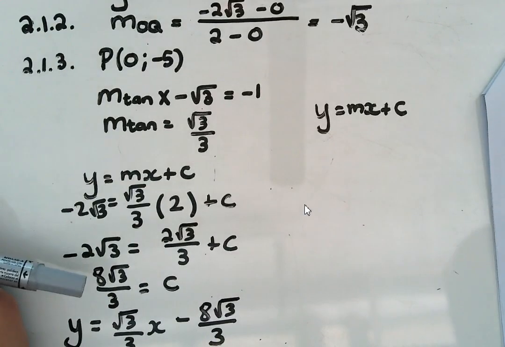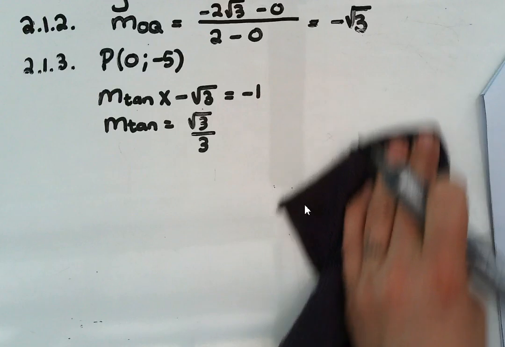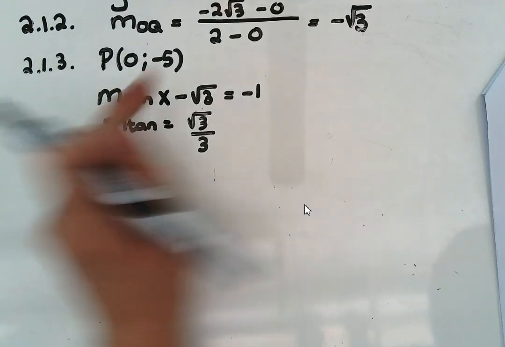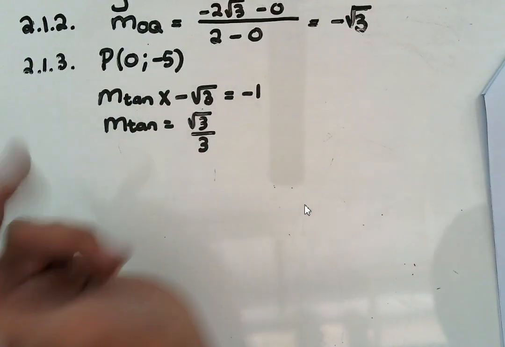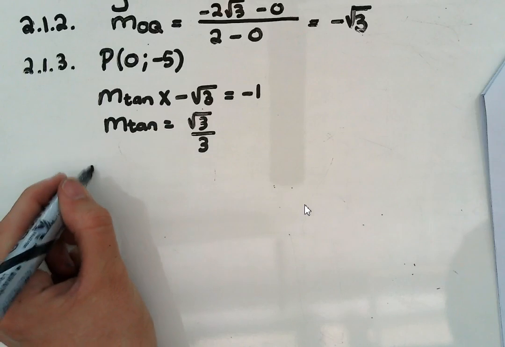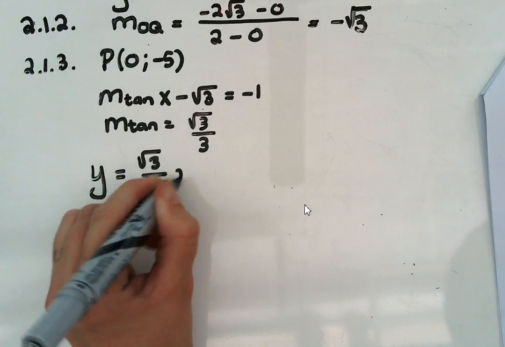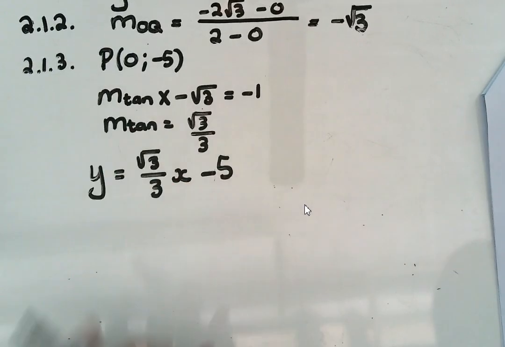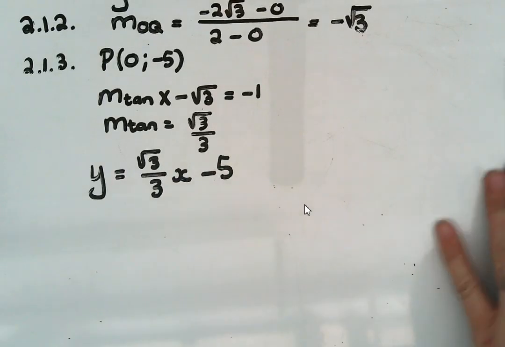What they actually wanted you to do is start by getting the gradient from the radius to the perpendicular line like we did up until now, and then you just write y is mx plus c with the c they gave you, so you don't need to go through the substitution to calculate the c.